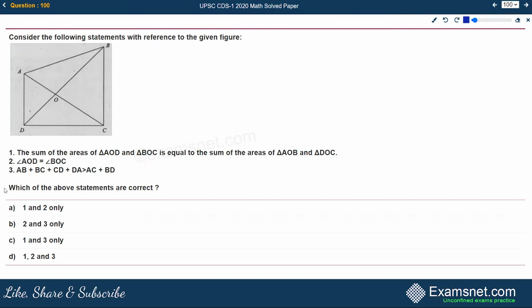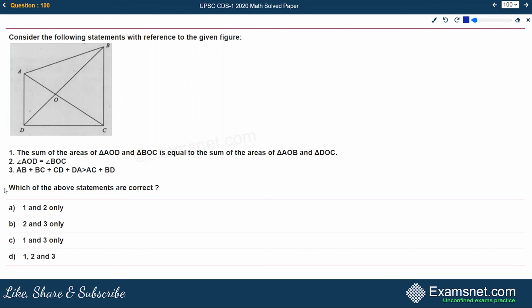The first one is that the sum of the areas of triangle AOD and triangle BOC is equal to the sum of the areas of triangle AOB and triangle COD. The second one is angle AOD equals angle BOC. The third one is that the sum of sides AB, BC, CD and DA is greater than the sum of AC and BD. Which of the above statements are correct?